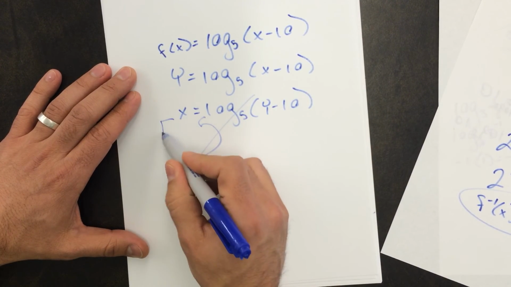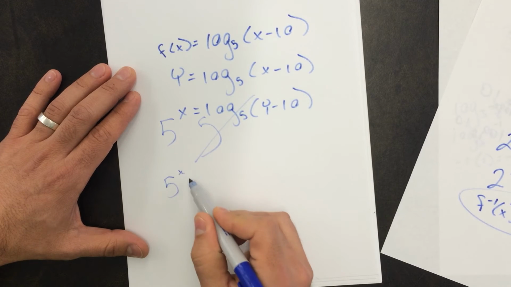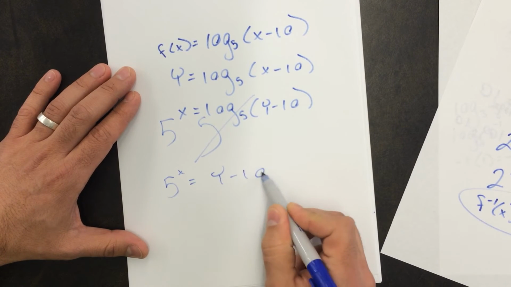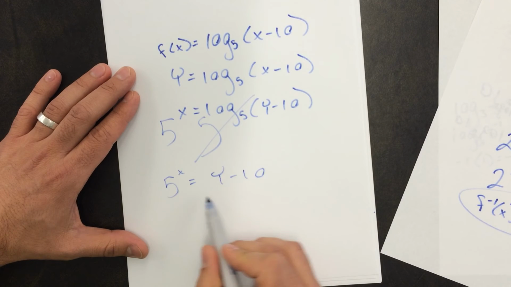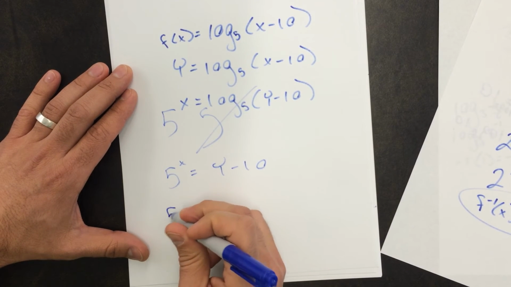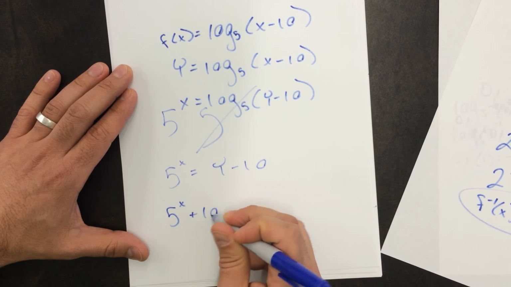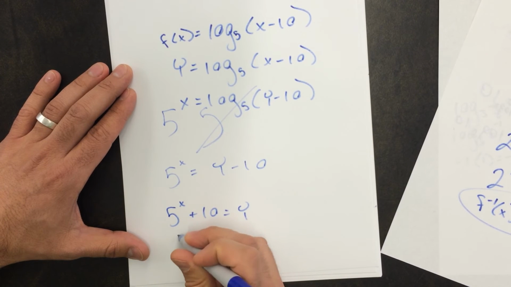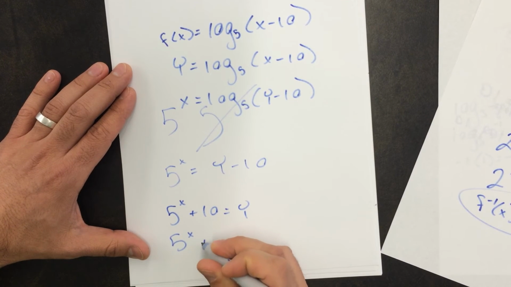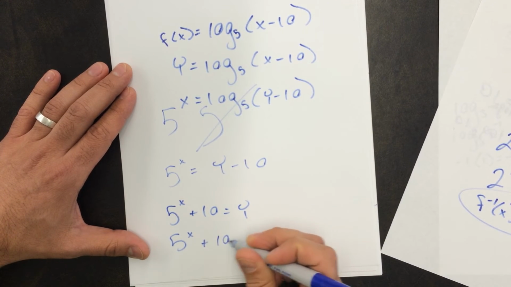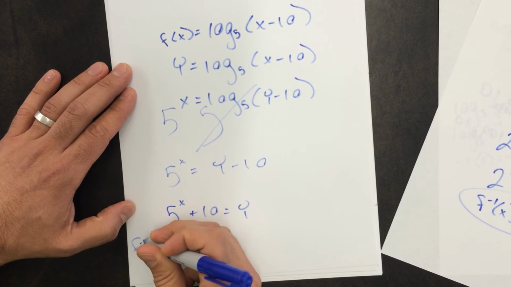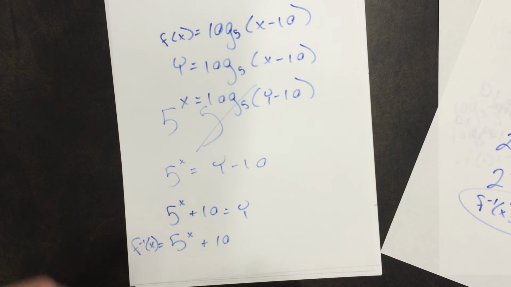Those cancel out. Whatever you do to one side, you do to the other. Since there's nothing happening outside of this, we don't need the parentheses, and now you're going to add 10. And then we just want to rewrite it with the inverse. 5 to the x plus 10 equals the inverse of f of x. Okay?